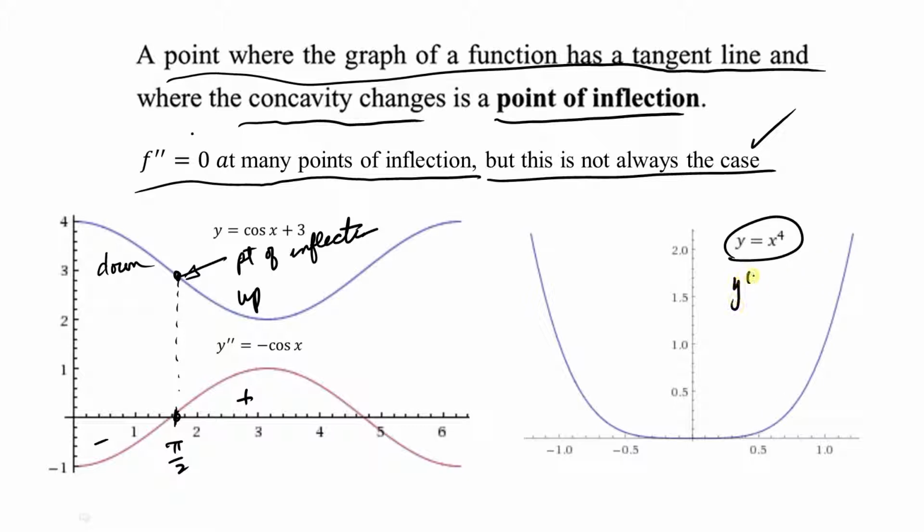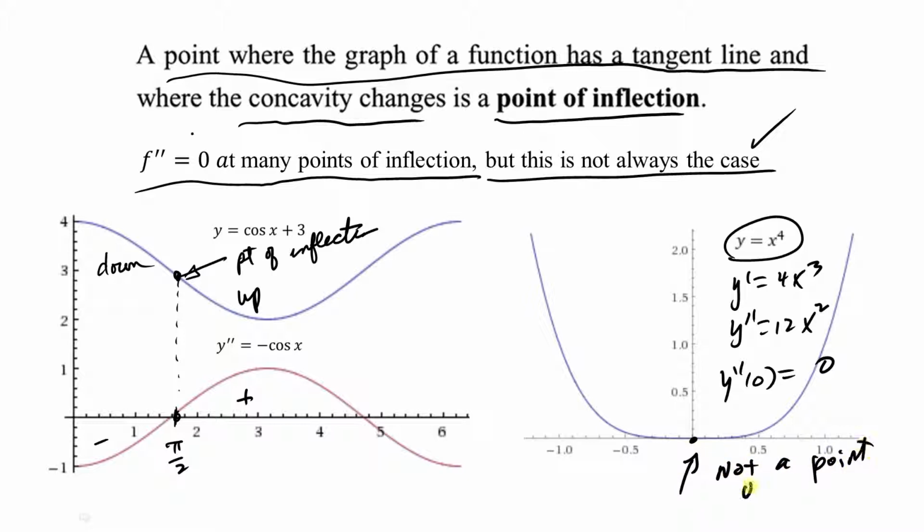If you take y prime, which is 4x cubed, y double prime is 12x squared. Notice y double prime at 0 is equal to 0, but this is not a point of inflection because the function y equal x to the fourth is concave up at all points.